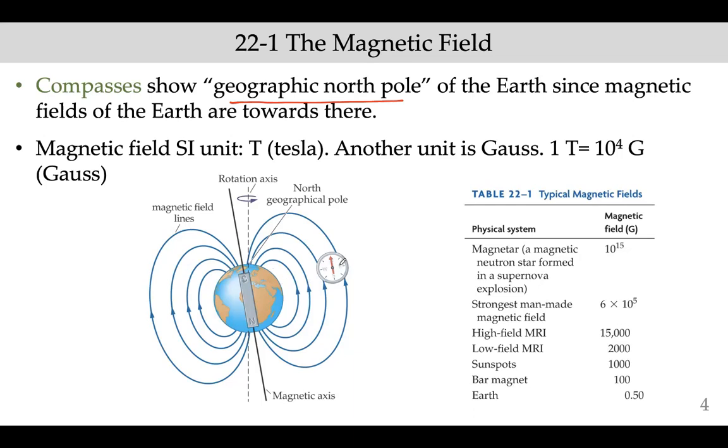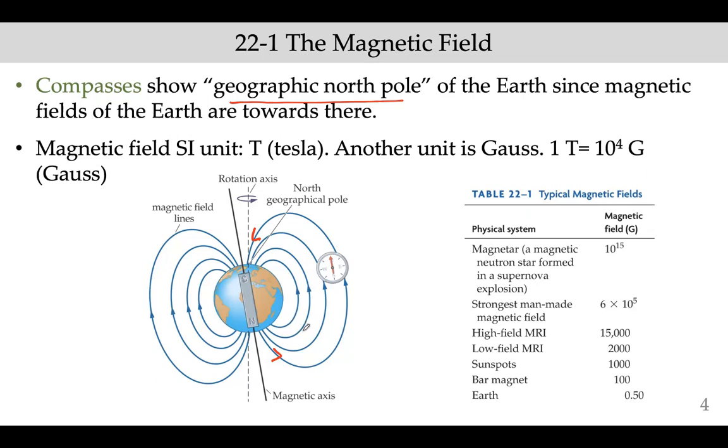As we mentioned in the previous slide, magnetic field lines come out of the north pole and go into the south pole. But what happens if you are at some point on the Earth and you take out your compass and look at the needle? The needle will be aligned with the magnetic field lines.